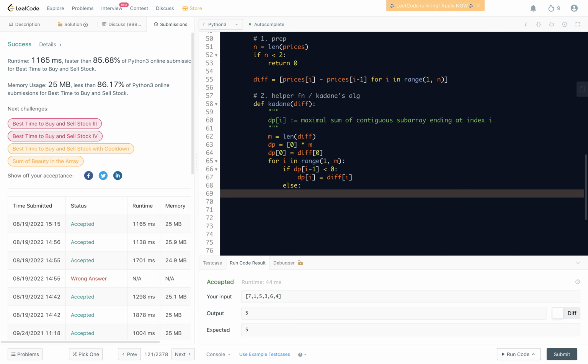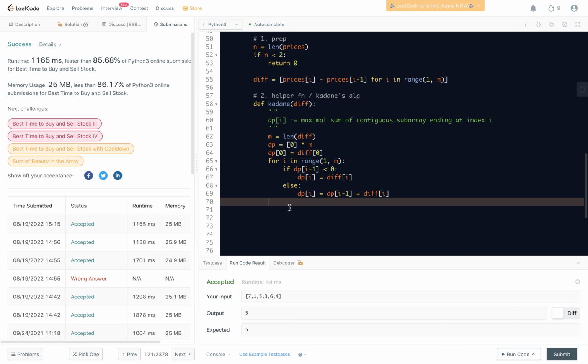In the other case, if the previous sum is not negative, then we can extend the corresponding contiguous subarray by diff[i]. In this case, dp[i] equals dp[i minus 1] plus diff[i]. This way, we finished updating all the elements in the dp table.